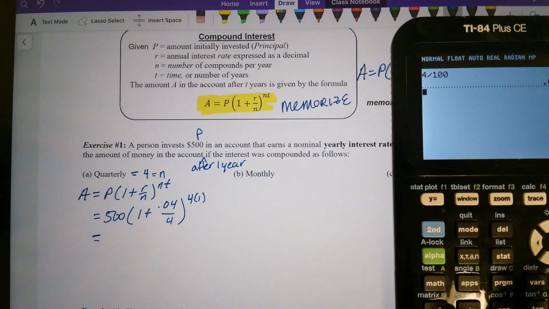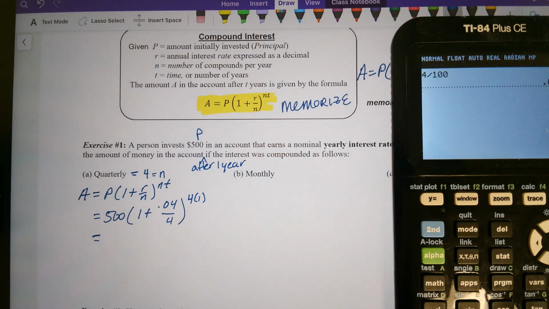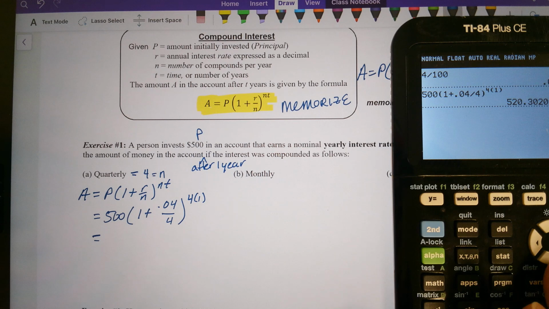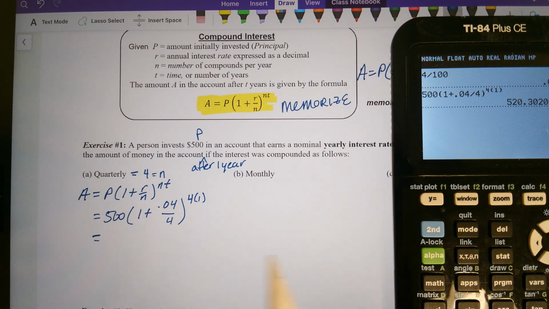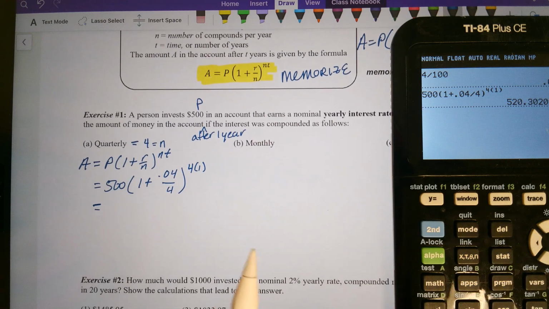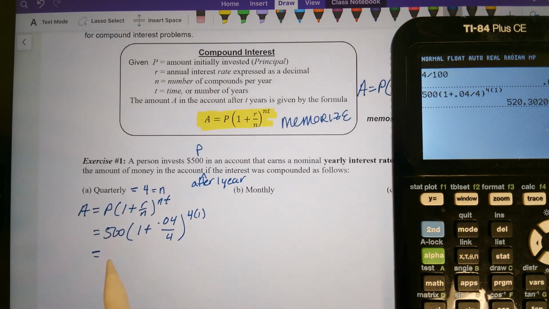Go to the calculator. This is dollars and cents, so we'll round it to the nearest cent, which would be 30 cents. $520.30.